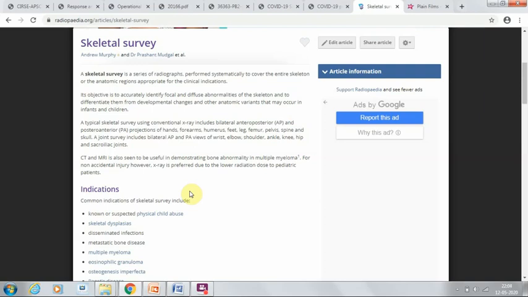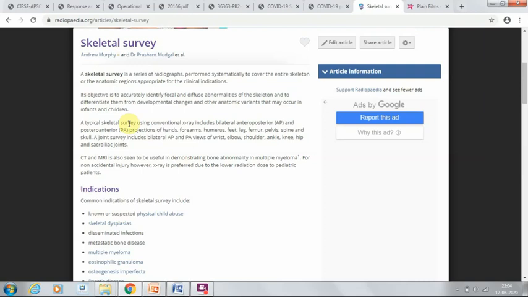Skeleton in the sense not just the skull, it is the whole body related to bony pathology. It is taken for infants and children, not for adult patients. It is purely for infants and children.